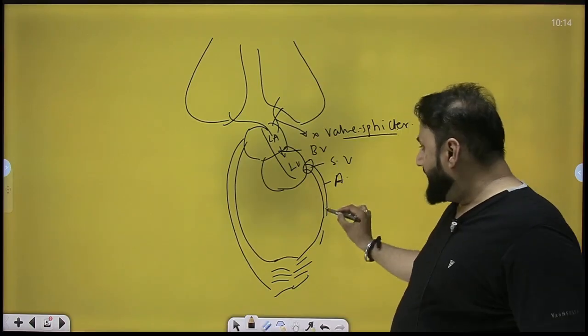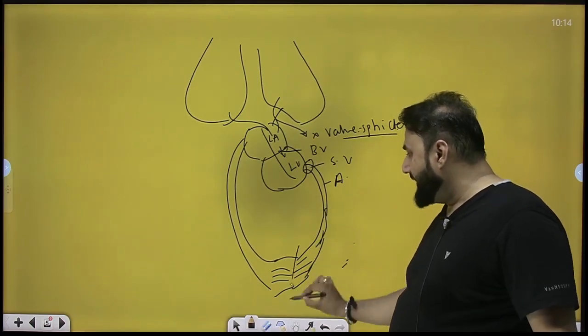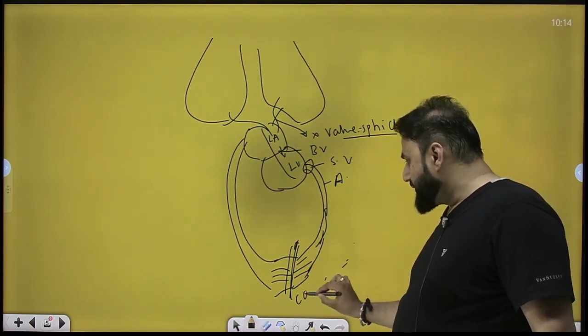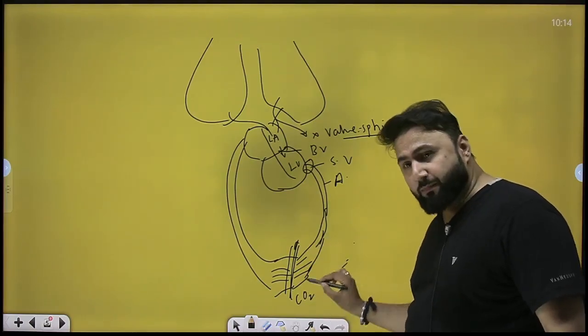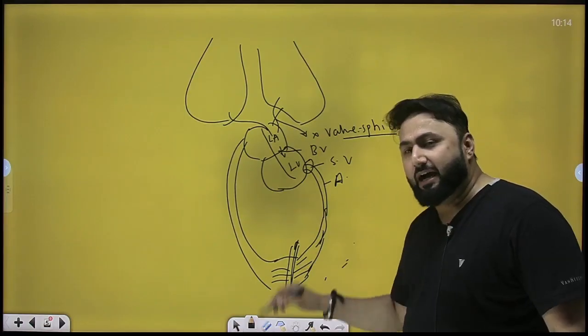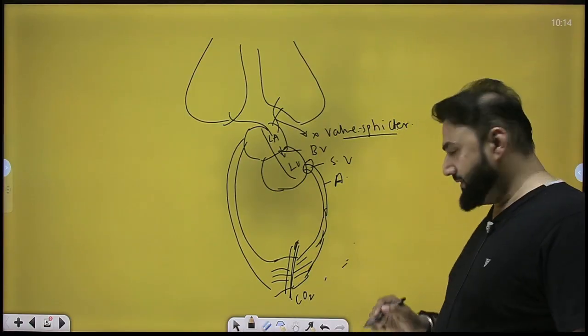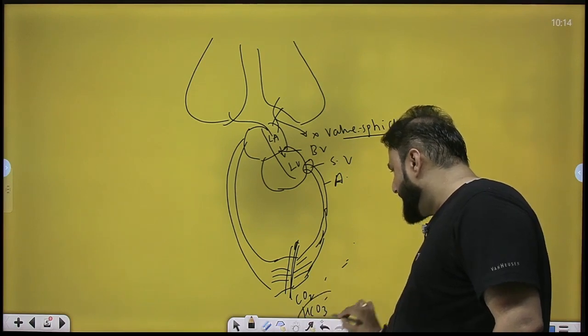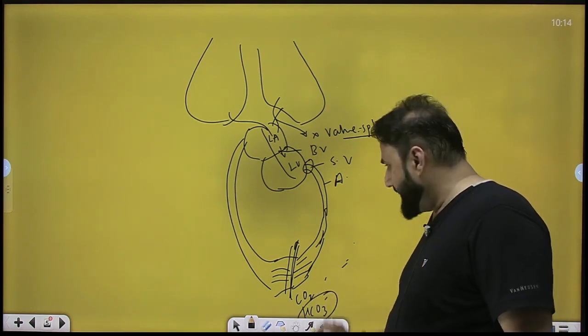So the aorta divides to form the capillaries over here. Here the exchange of gases is happening. So CO2 is over here. CO2 is present in the form of bicarbonate, HCO3 minus. This is also one of the questions in NEET.